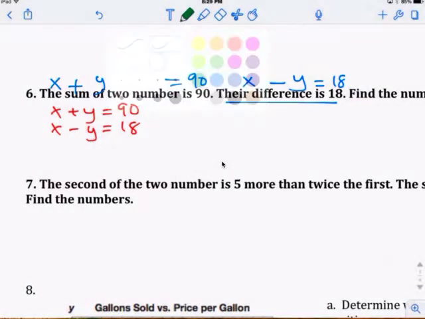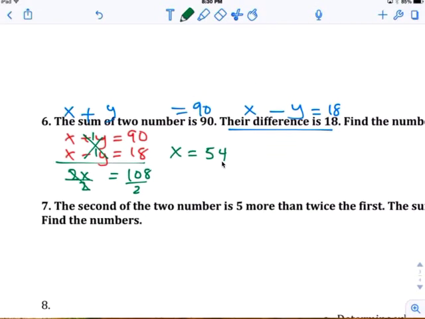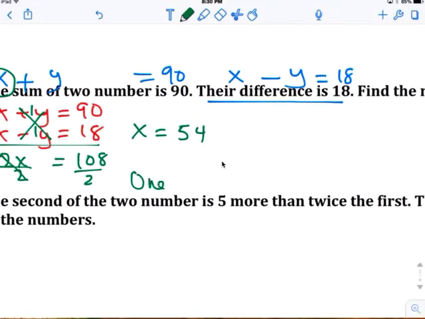We eliminate the Y. This is 1, that's 0. That's 2X equals 108. Divide by 2. X equals 54. What does X represent? X represents one of the numbers. So one of the numbers is 54.